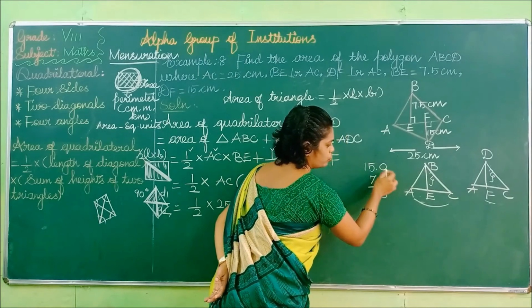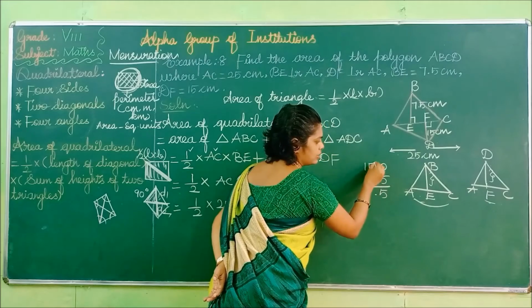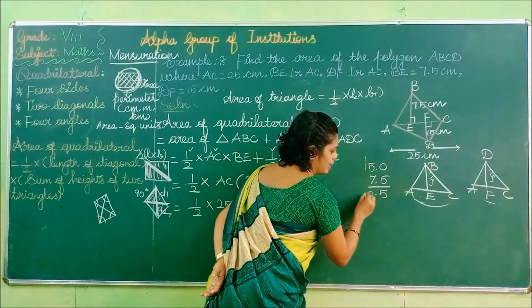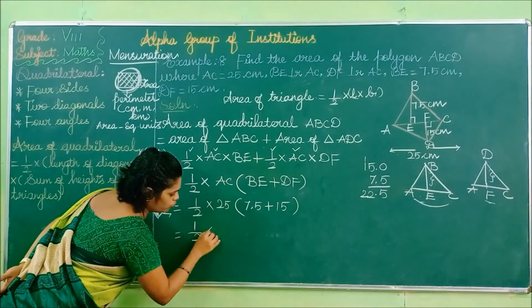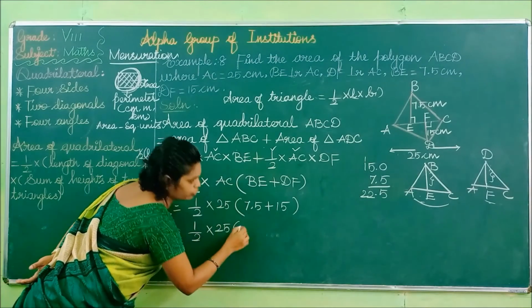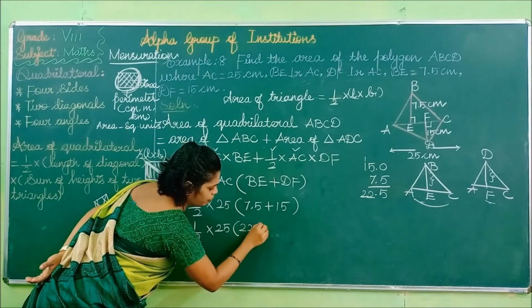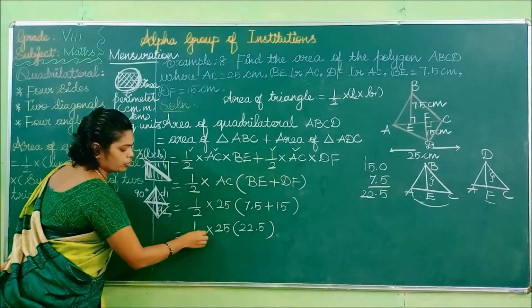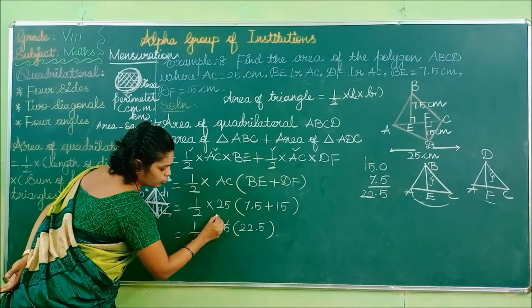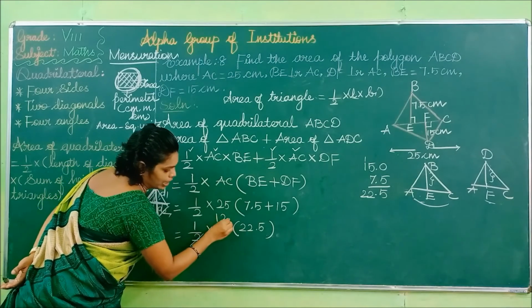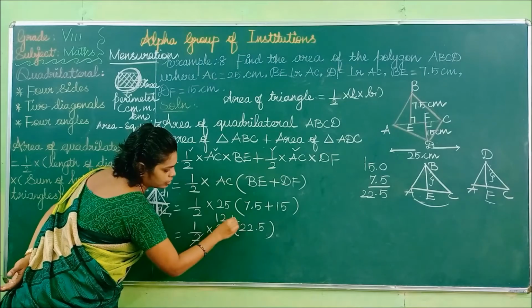Add these two values: 0 plus 5 is 5, and 5 plus 7 is 12, balance 1. The value is 1 by 2 into 25 into 22.5. So you should cancel these two values. You will get the decimal points only. 1 times 2, 2 times 4, remainder 1, that is 12.5.